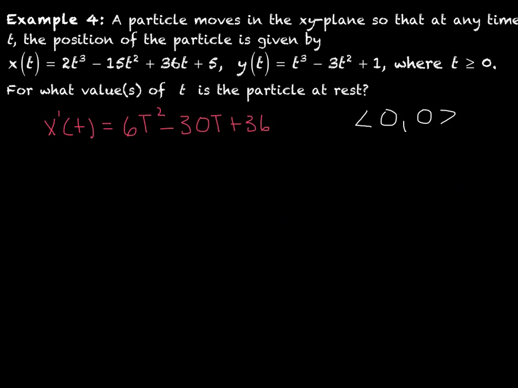And then we're going to do the same thing with the y. So y prime of t is going to equal 3t squared minus 6t.